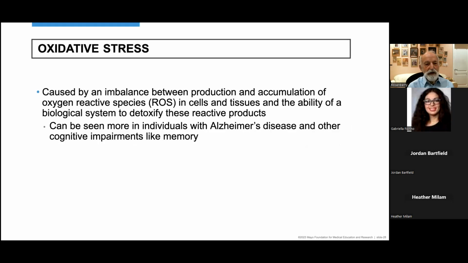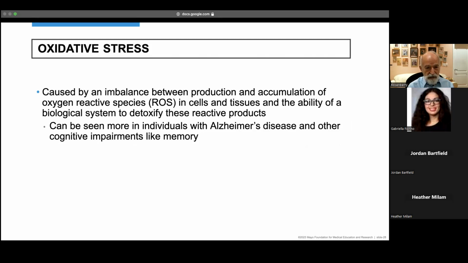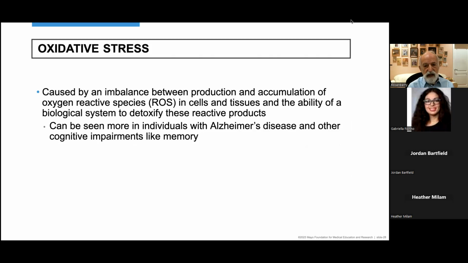Oxidative stress is one reason that the brain ages. It's caused by an imbalance between production and accumulation of reactive oxygen species, ROS, in cells and tissues, and the ability of a biological system to detoxify these products.